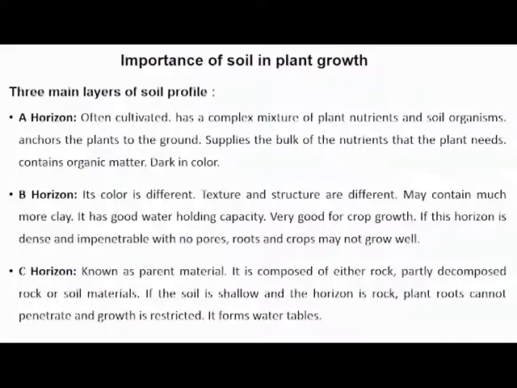In most cases, the B horizon might be brown in color, or a bit dark gray due to the accumulation of microorganisms there, or sometimes it may depend on the rainfall in that specific area. So the color is different, either brown or dark gray, and the texture and structure are also different, because there is a little bit of rock here, so the structure is a bit different from the A horizon.